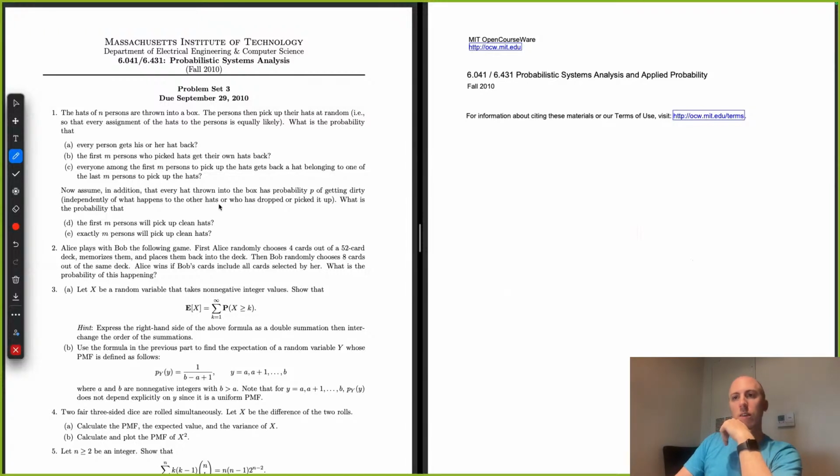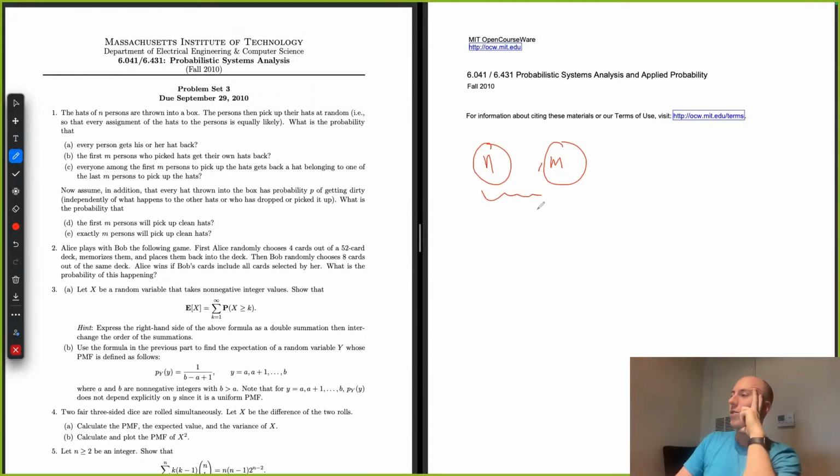Okay. So now what's the probability that exactly M persons will pick up clean hats? We have N people, and we want the probability that M people pick up clean hats. So we have N people, and we want to choose M of them to pick up clean hats.